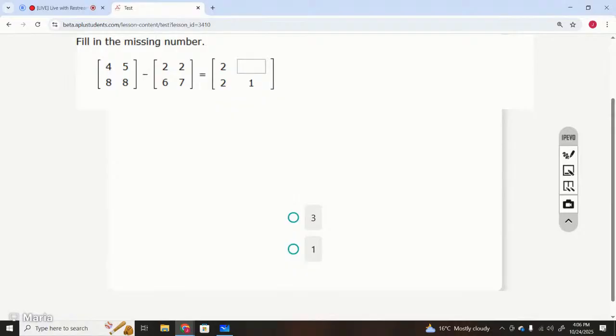Fill in the missing number. That is 5 minus 2 is 3. Option number 1 is the correct option.